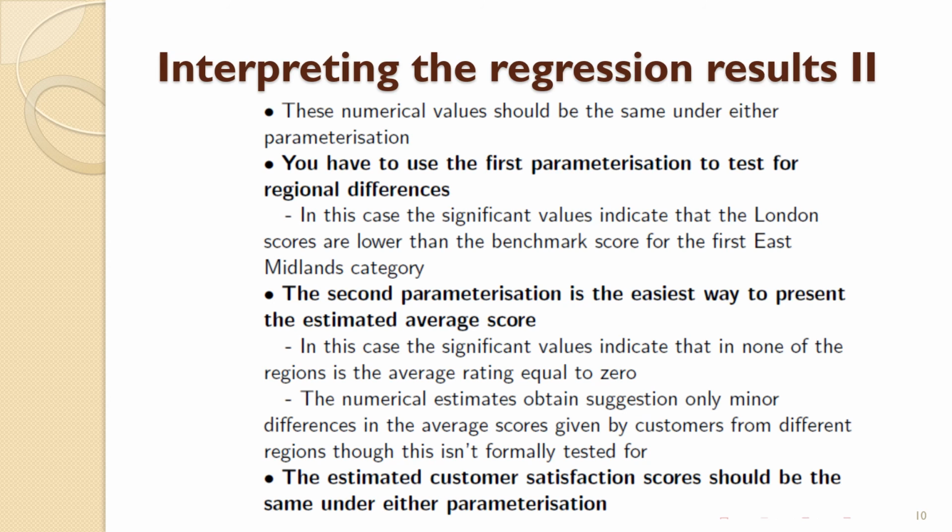Certainly, the thing to watch for here is that the results are the same order of magnitude for whatever region, so there's no clear and obvious sign of a glaring error. And the thing to check for, as we'll show in the next part of this lecture, is that the estimated customer satisfaction scores should be the same under either parameterization.